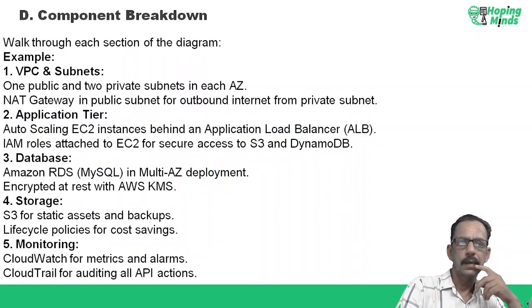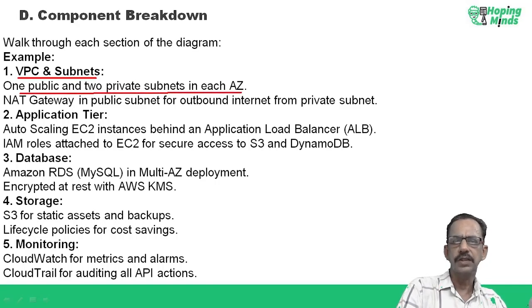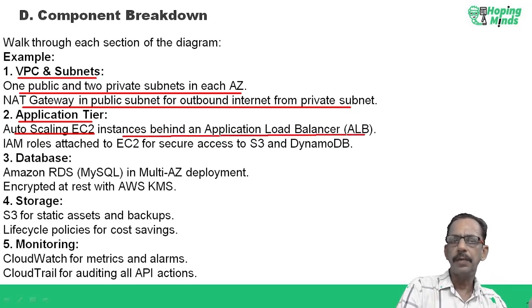Some more component breakdown that I already discussed: VPC and subnets, one public, two private subnets in each zone. NAT gateway, whatever you are planning. Application tier, you have auto scaling EC2 instances behind the application load balancer. IAM role attached to EC2 for secure access to S3.